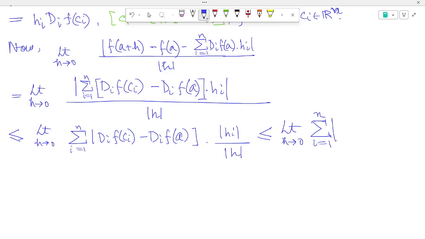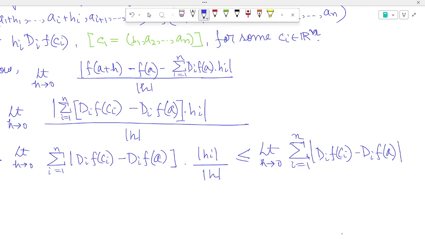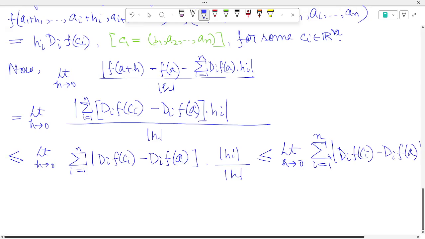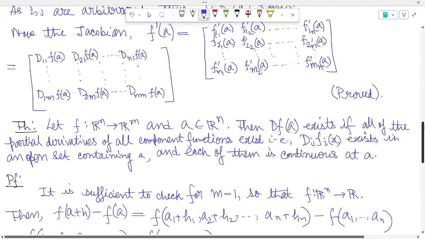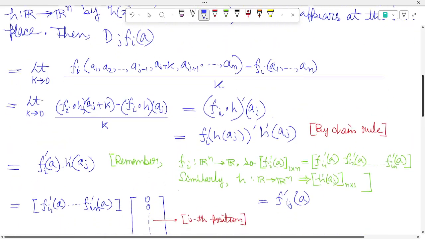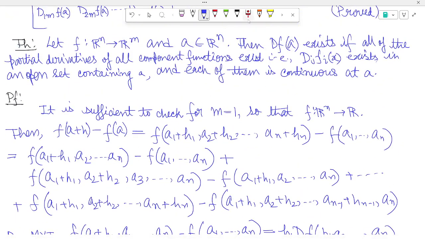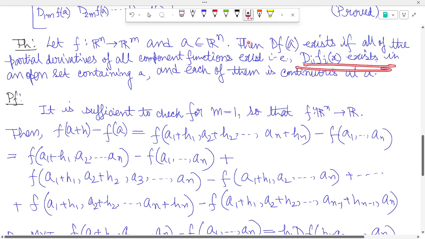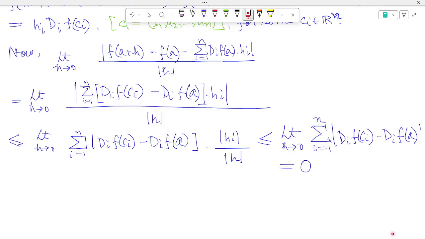There will be the modulus of D_i f at c_i minus D_i f at a, and this is 0. Why is this 0? Because we assume, by the theorem, that D_i f_i exist and they are continuous, continuous at a.